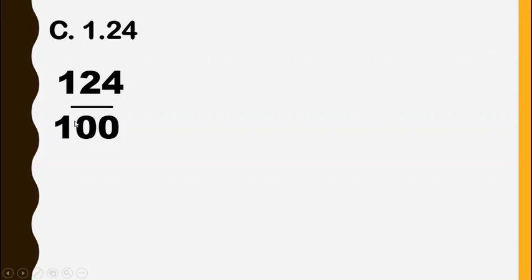So we have here 1.24. The first thing we need to do is to copy the digits as a whole number, 124, over. Look at your last digit, that is 4. The place value is hundredths. So we'll put 100, or we can say that the fraction of 1.24 is 124 over 100.